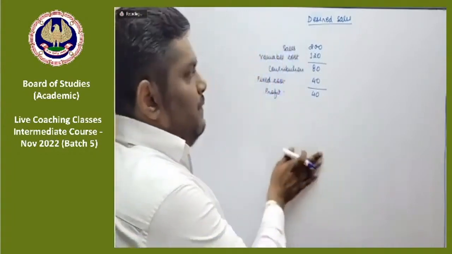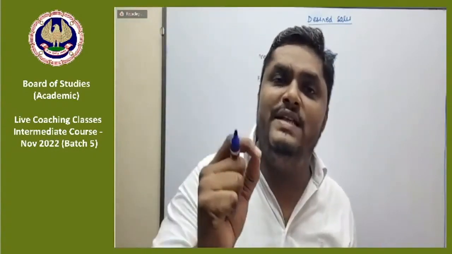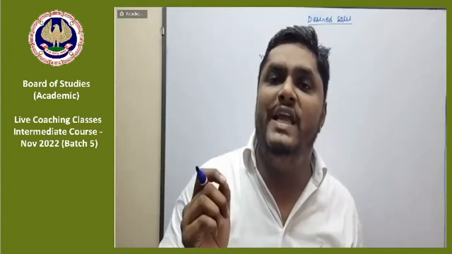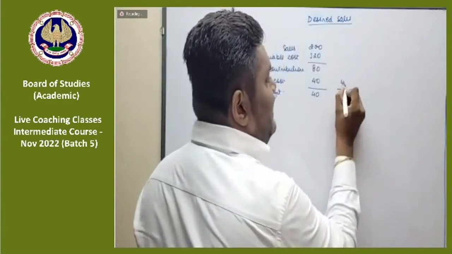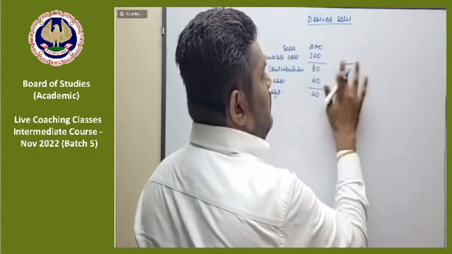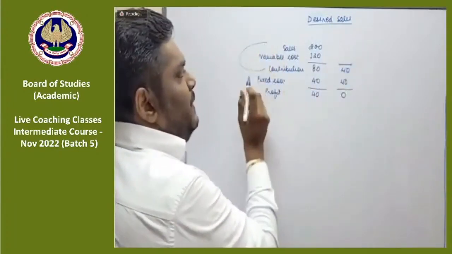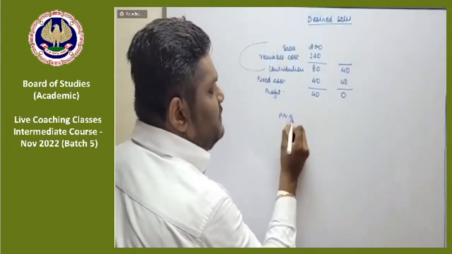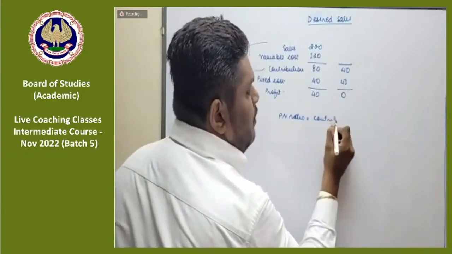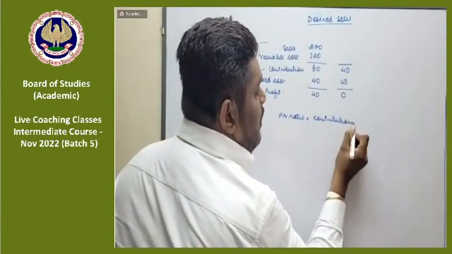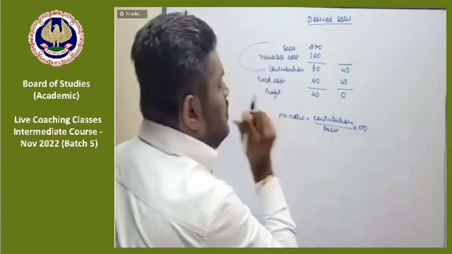So now, if the examiner is asking you to calculate break-even sales, what will you do? Simply 0 is my profit, 40 is my fixed cost. So my contribution will be 40. As discussed, the relationship between contribution and sales, we call it the PV ratio, that is contribution divided by sales of 200.